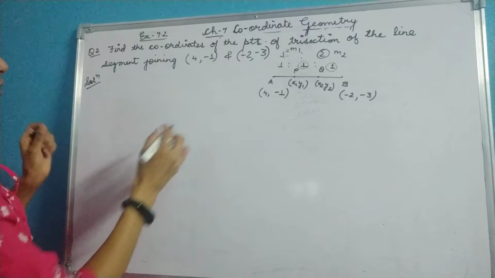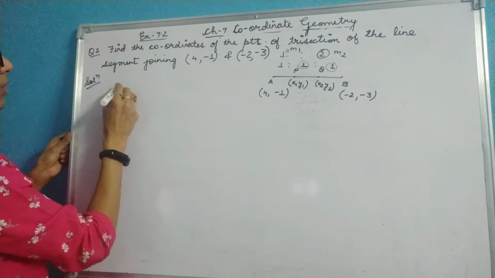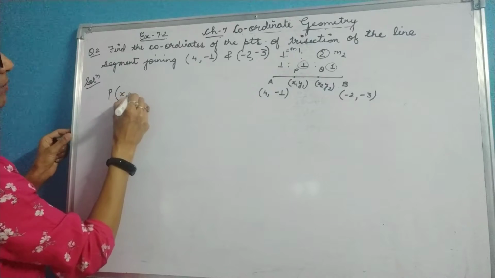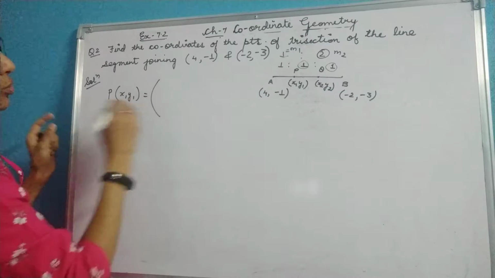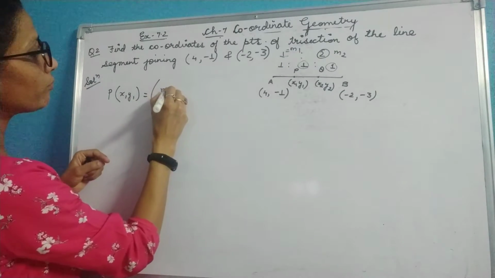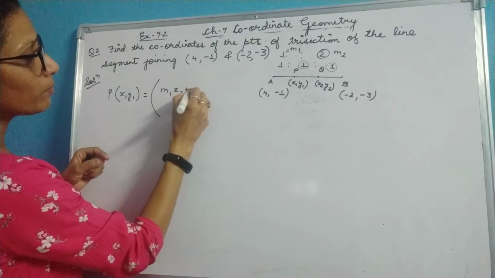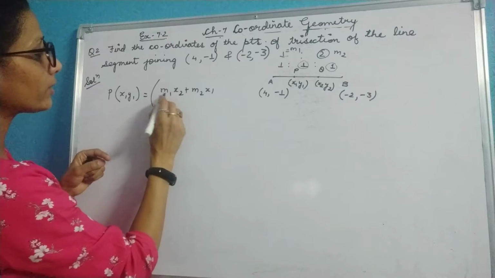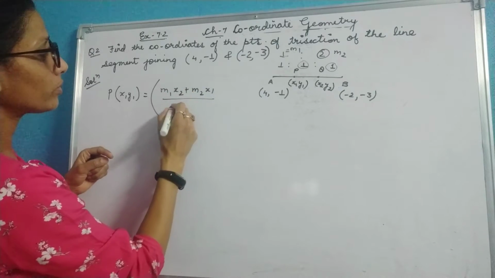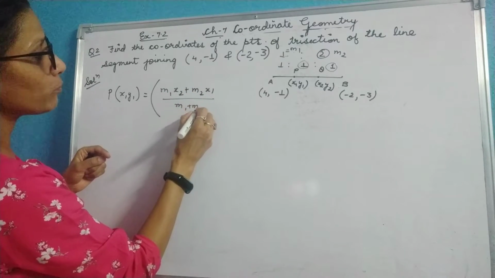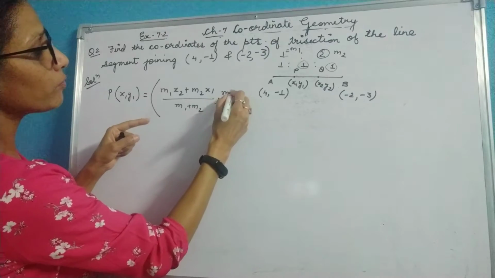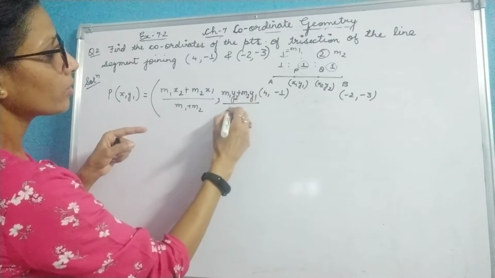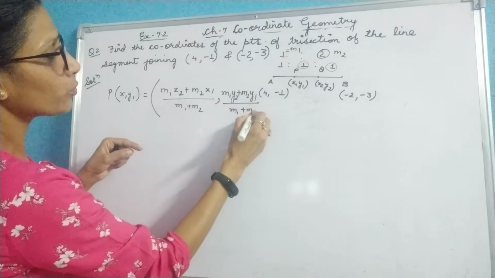Now let's see the section formula. If I want to find my coordinate of P, so your formula is (M1 x2 plus M2 x1) whole upon (M1 plus M2), and (M1 y2 plus M2 y1) whole upon (M1 plus M2).